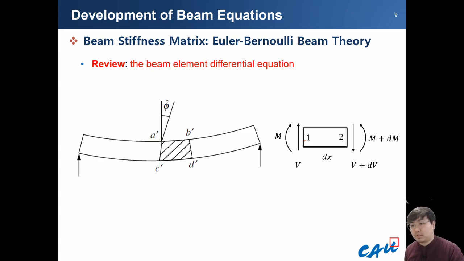To match equilibrium, the moment will be increased from m to m plus delta m. Due to the change of position, the transverse load will also increase by dV. When you see this, what should we check first?